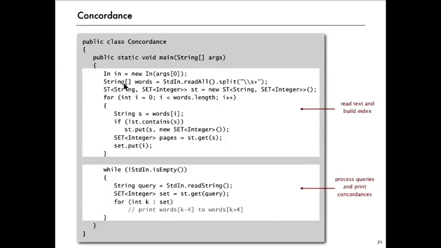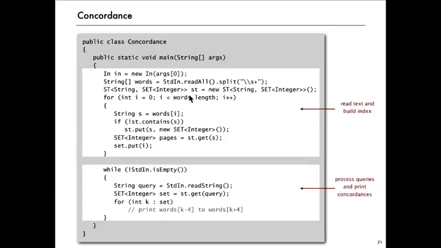So now all the words are in an array. And then we're going to create a new symbol table that associates strings with sets of integers. The string is the key, and the sets of integers are going to be the places in the array where the given word appears.